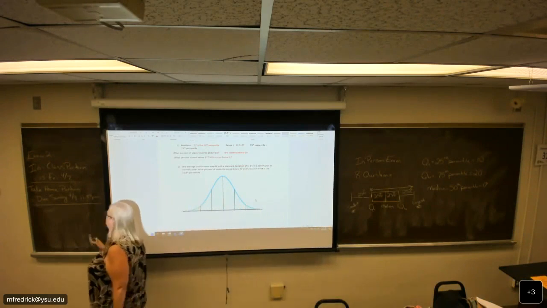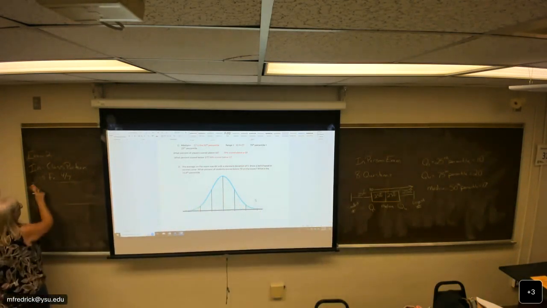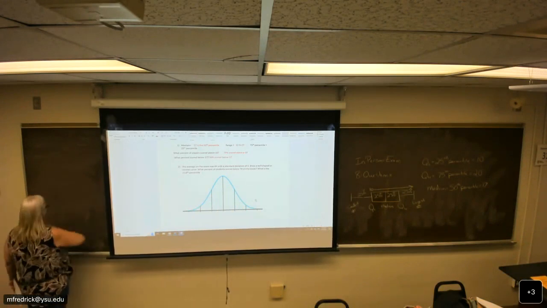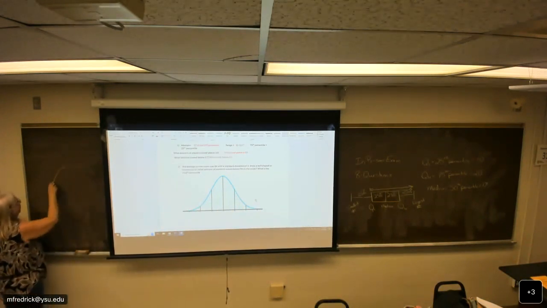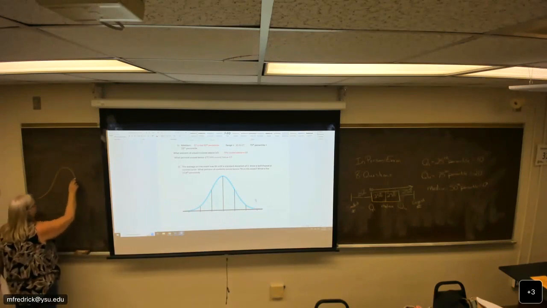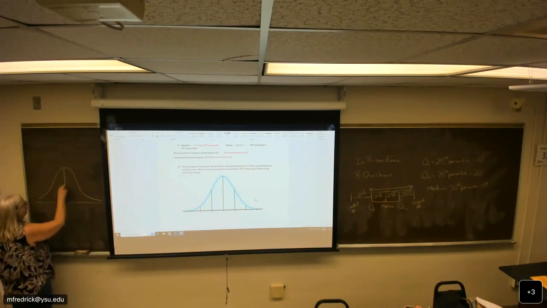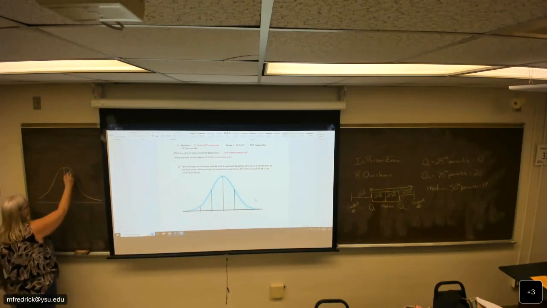First thing, the percents under the curve are always the same. Memorize them. Middle, and we go 3.